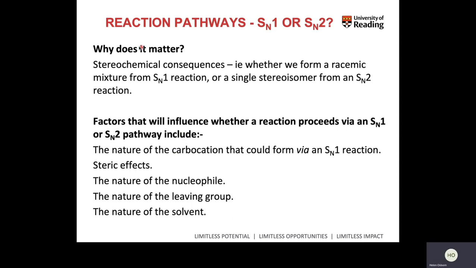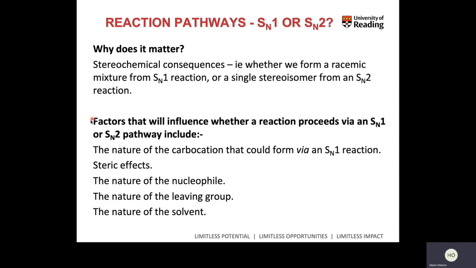So if you're happy that it does matter whether we're going to have the SN1 or the SN2 based on the stereochemical consequences, then the next logical thing to think about would be, well, if we know we want one over the other, so maybe we want SN1 over SN2 or vice versa, what reaction conditions might we need to alter so we get more of the SN1 or more of the SN2.